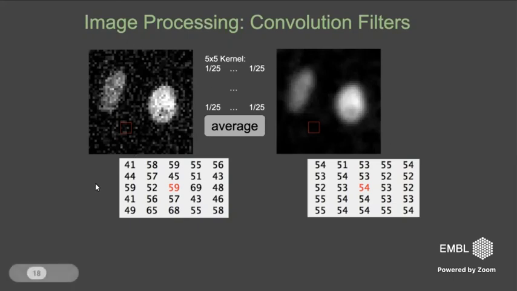The algorithm is you multiply each of the pixels in this neighborhood of the central pixel by 1/25, and you add up all of them, and then you get the average value. And that's how you get the new image.